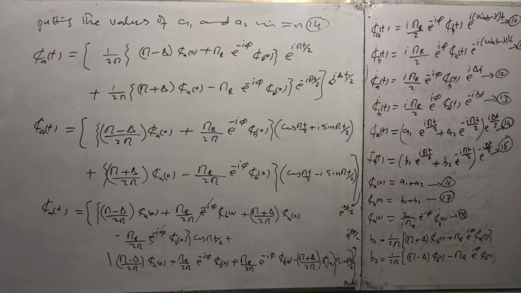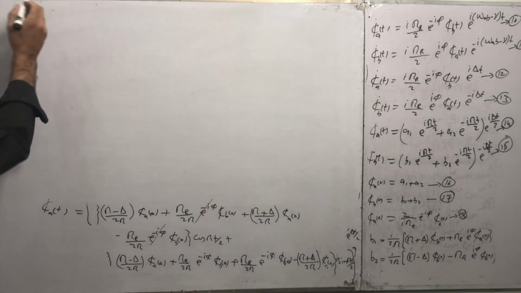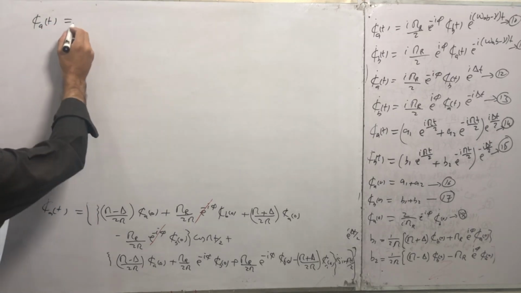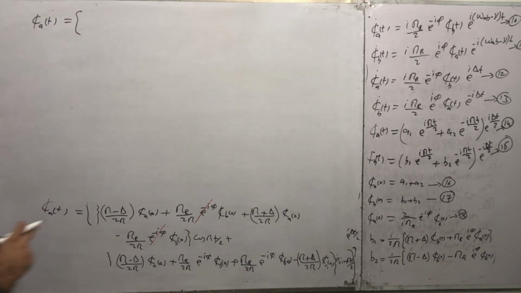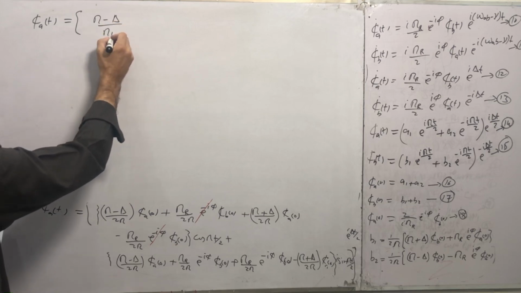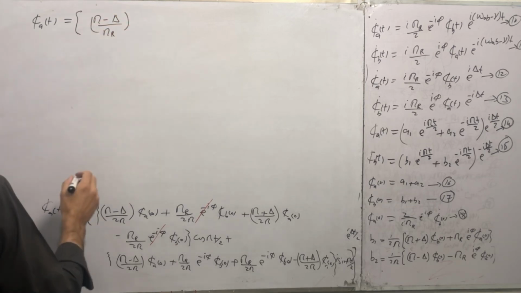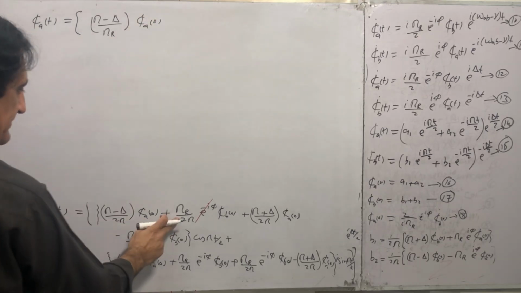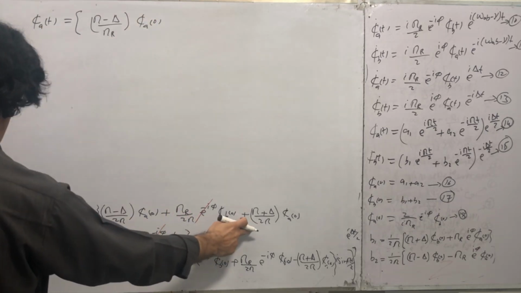Okay, Ca of t is equal to omega minus delta divided by 2 omega and Ca of 0. This term is cancelled out.